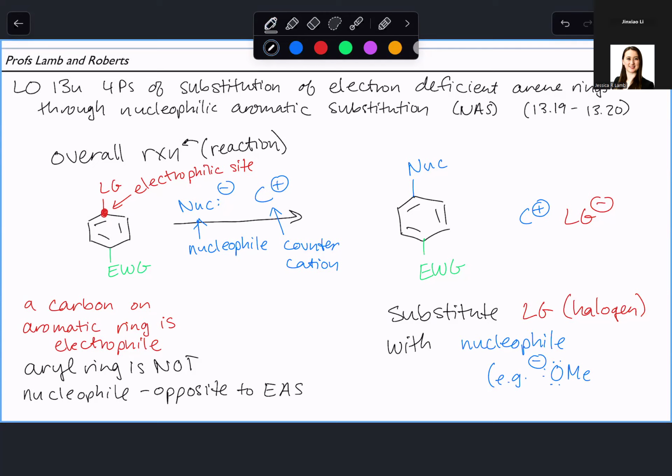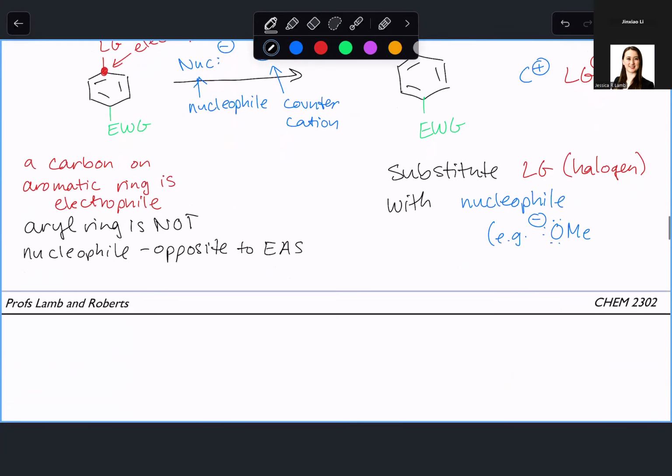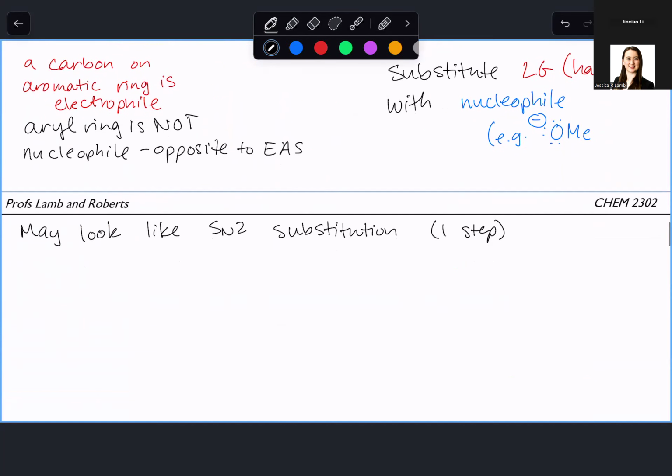Oftentimes what we see students do when they see this reaction is they try to compare it to SN2. So this may look like an SN2 substitution, which happens in a single step. Let's remind ourselves of what SN2 looks like.